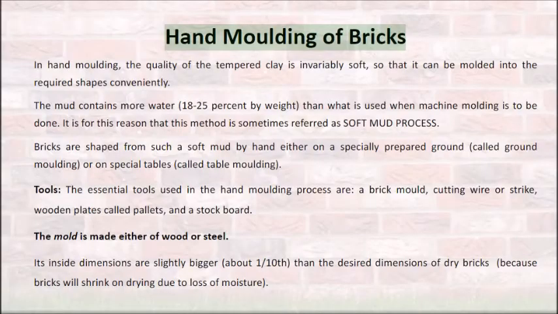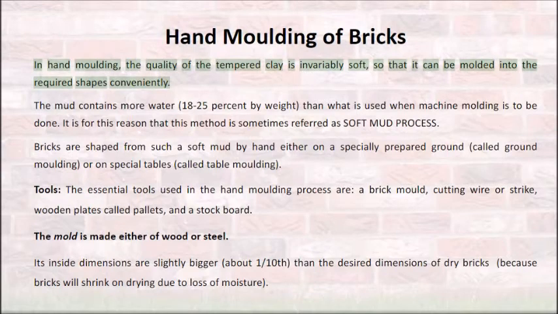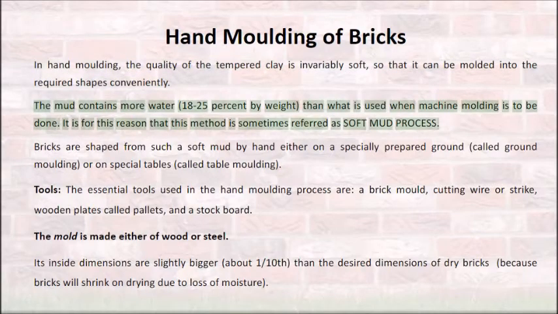Hand moulding of bricks. In hand moulding, the tempered clay is invariably soft, so that it can be moulded into the required shapes conveniently. The mud contains more water, 18 to 25% by weight, than what is used when machine moulding is to be done.